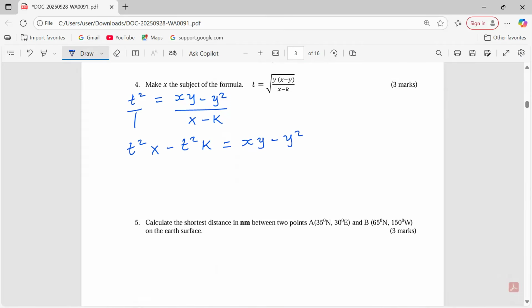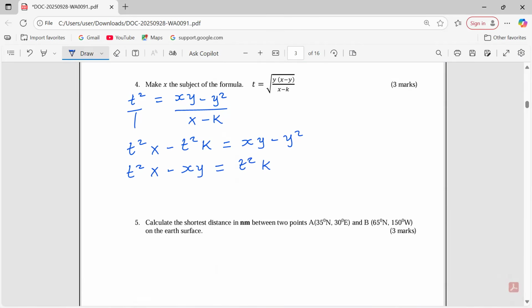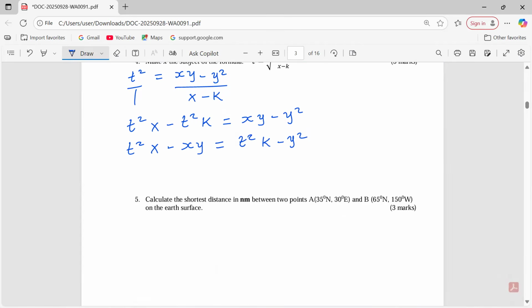So we need the terms with x on the same side. So t squared x minus xy. Then we take t squared k minus y squared to the right. We can factor out x so that we have x times (t squared minus y) equals t squared k minus y squared.